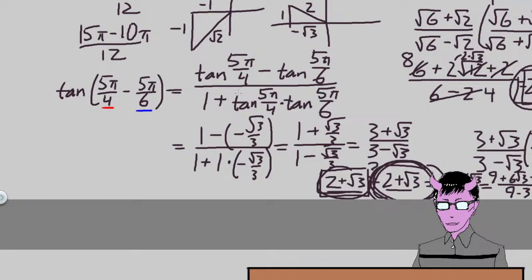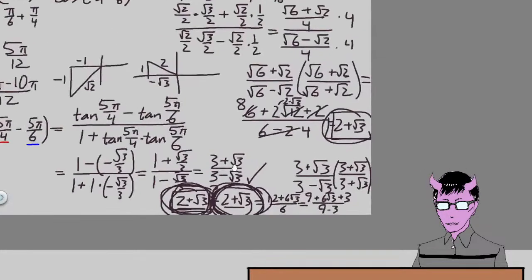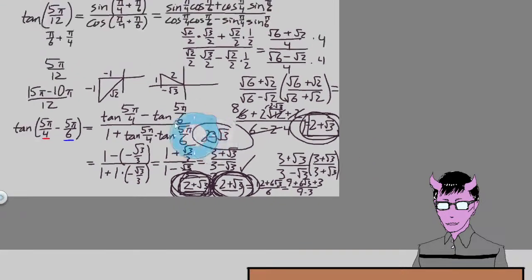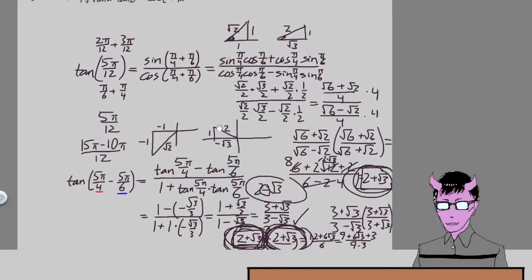I just plugged it into my calculator, and the exact result is 2 plus root 3. Okay, so that confirms it. It's going to be this one, yes. So, according to the calculator, it's 2 plus root 3. So, that's consistent. The first one, where I got 2 minus root 3, was the one where things went wrong. I don't know where that came from. I'm going to have to check the VOD afterwards.